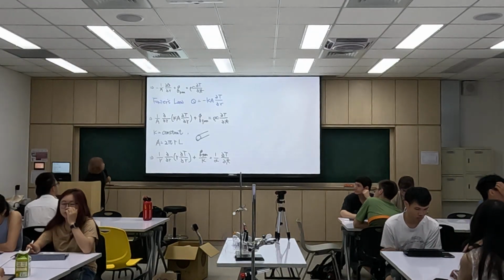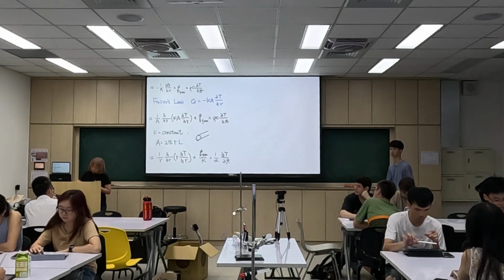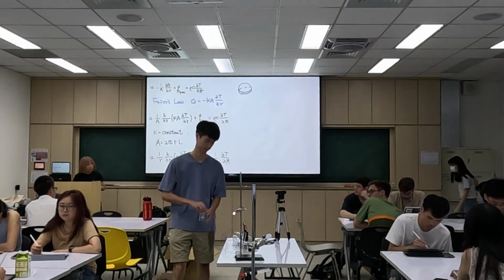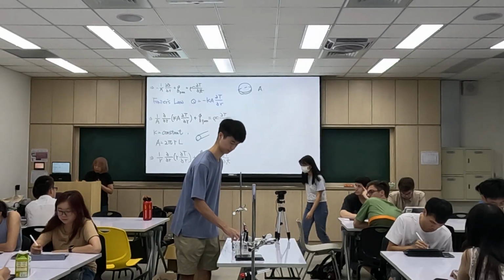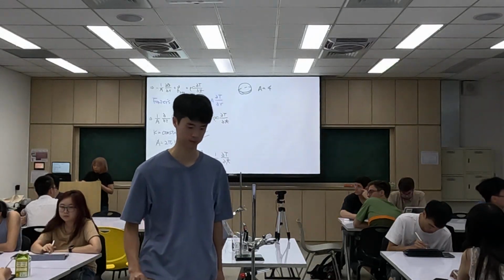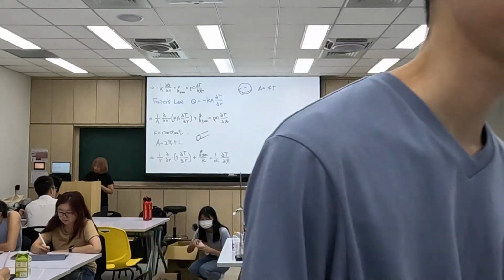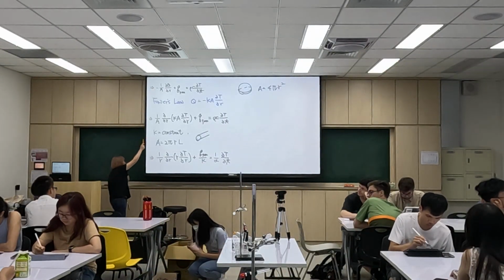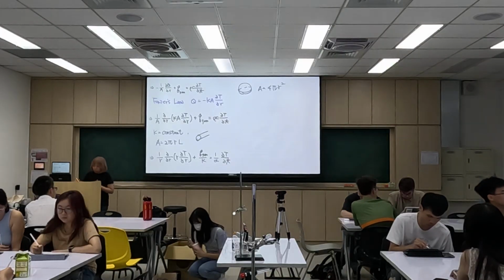So what is the case in the spherical? 好，球形坐标。Then the area becomes 4 pi r squared. Then you put it into the equation as well.